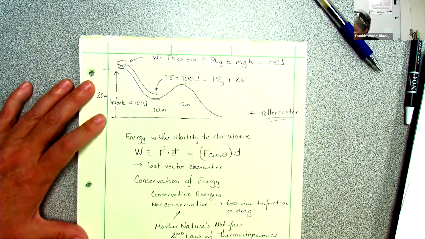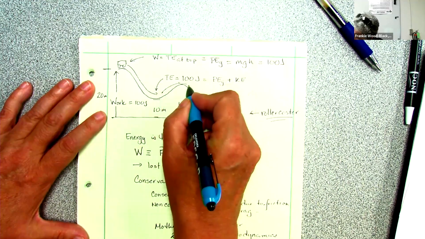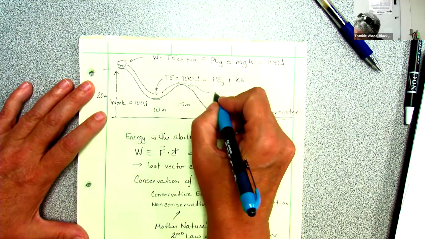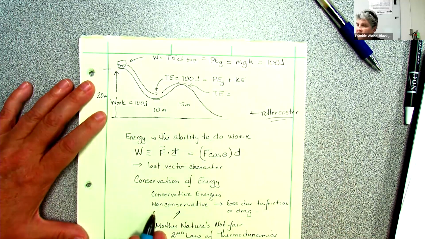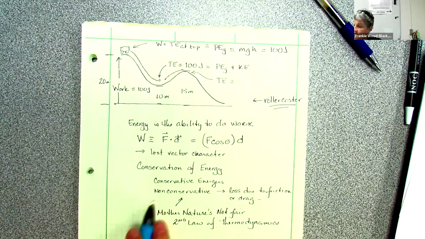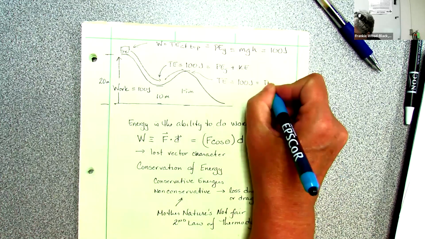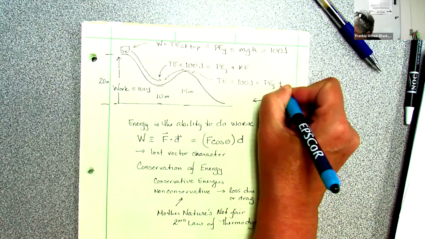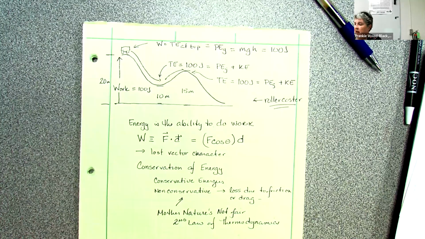Now, as my roller coaster continues, I'm going to be at this point. Well, if we're making the assumption that we don't have any of these non-conservative losses due to friction, and we're going to make this assumption that this is a frictionless roller coaster, my total energy is still going to be 100 joules, but it's still going to be equal to the potential energy due to gravity plus my kinetic energy. So we're going to see energy change back and forth.